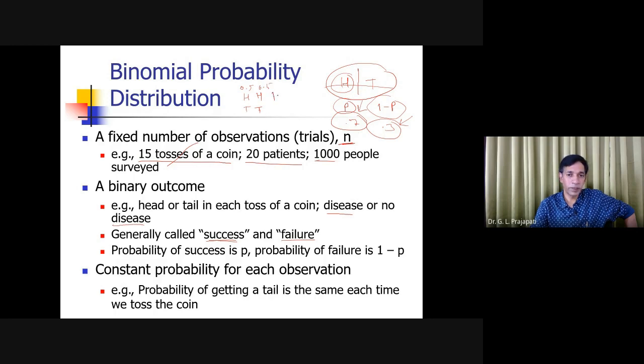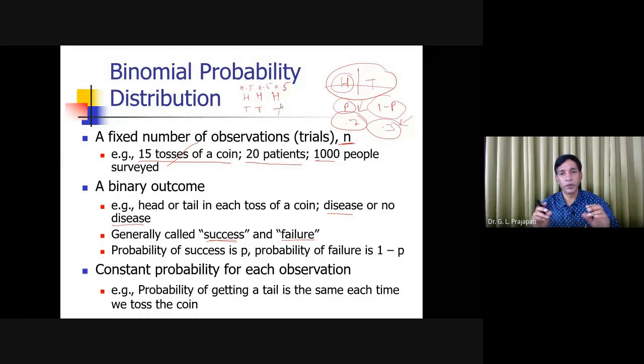If you toss the third time, again head and tail come with the probability of 0.5. So this is the constant probability, means probability is not going to change once you repeat the observation or trial. So once you go for the binomial distribution, you have to remember three things.